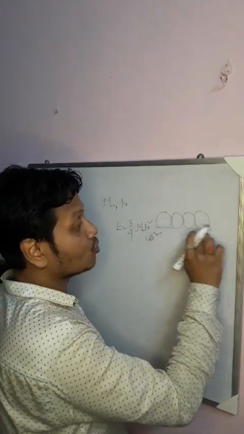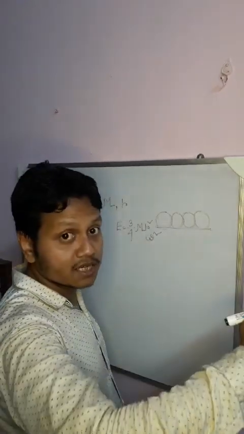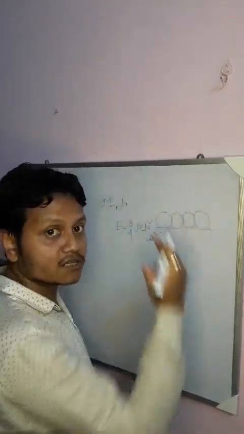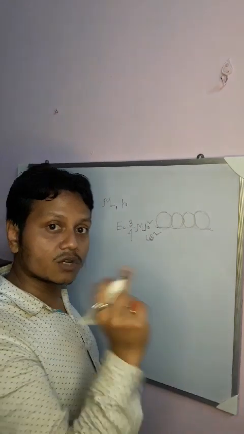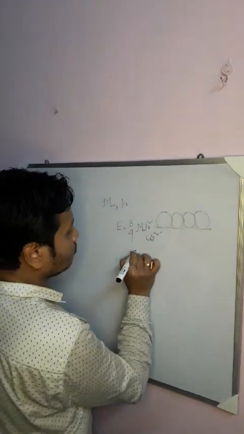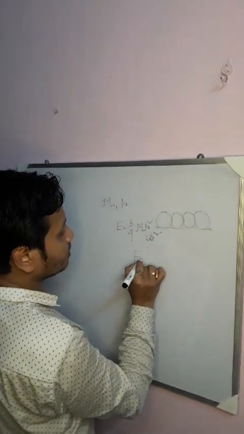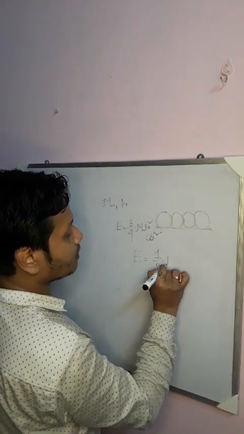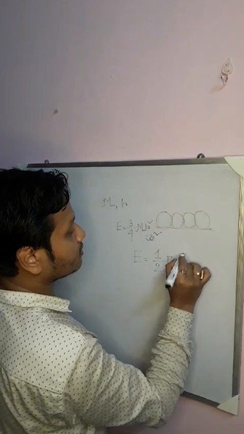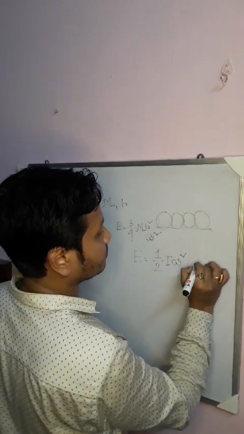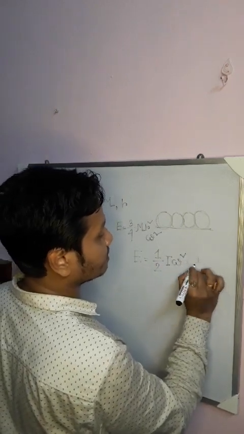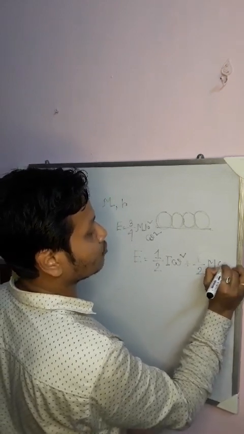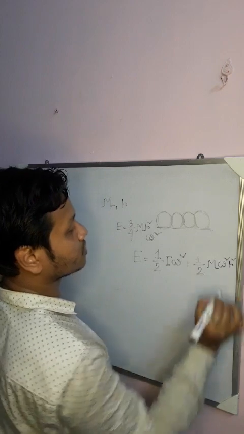Because it is set to roll on a table, that means translational motion is involved, and when it rolls it also rotates about its own axis, so there will be a rotational kinetic energy also. So what will be the result? Rotational kinetic energy we all know is half I omega square, and translational kinetic energy is half m v square, that means half m, v means omega r, so omega square r square.